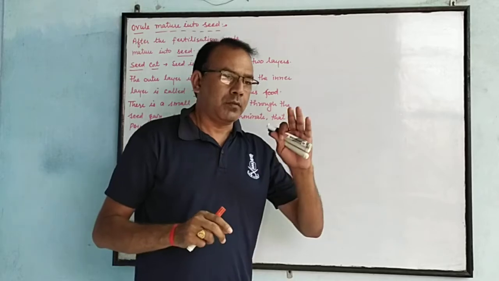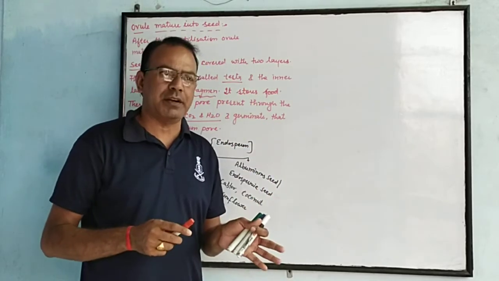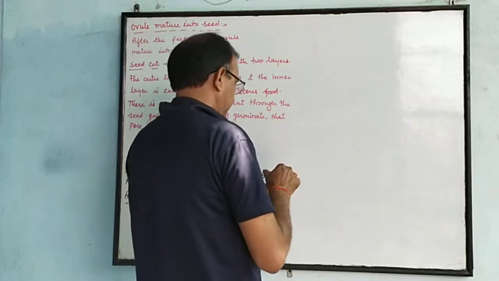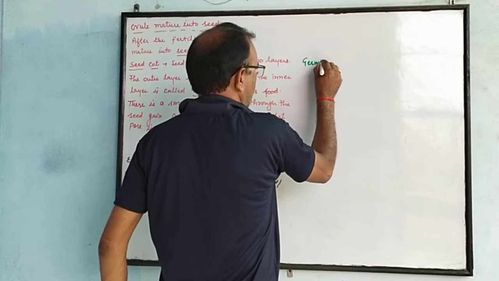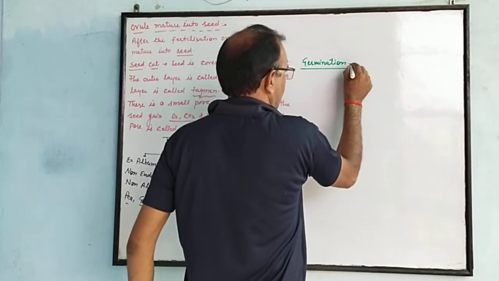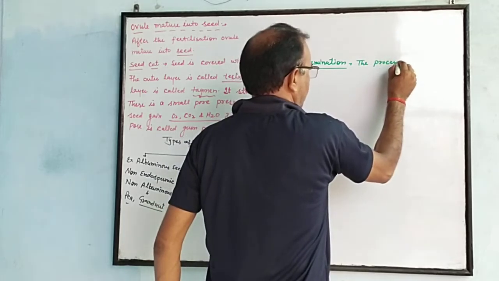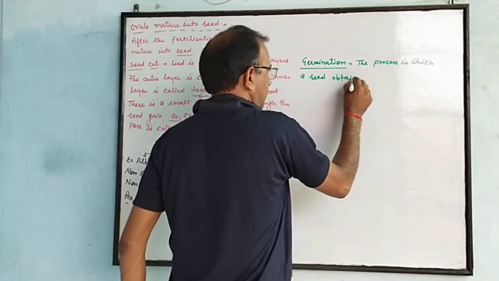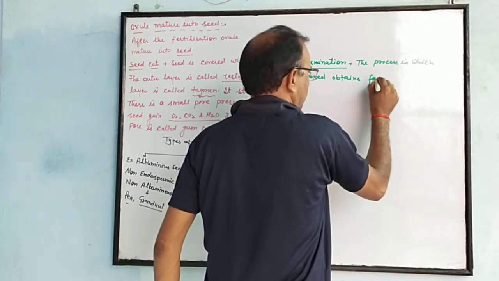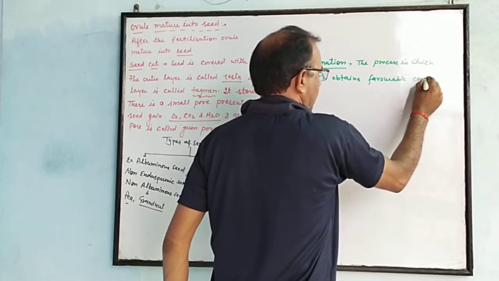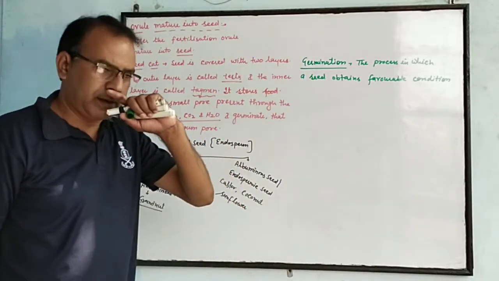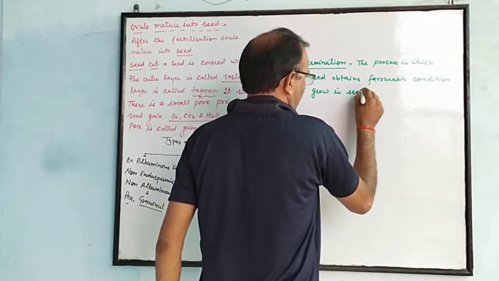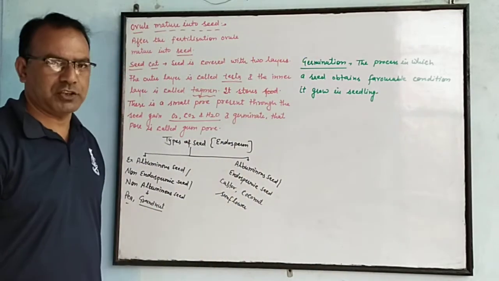When a seed obtains favorable conditions, such as water, soil and temperature, it starts to germinate and grows into a seedling. That process is called germination.